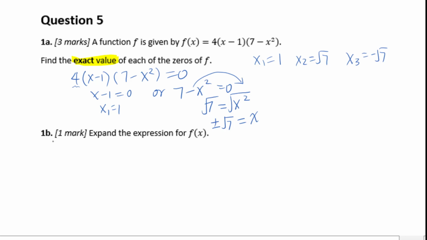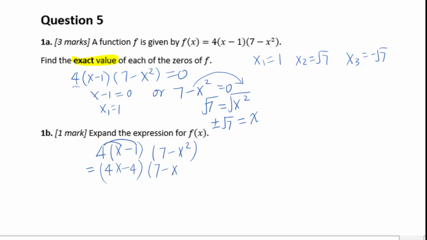1b, expand the expression for f of x. We have 4 times (x minus 1), then times (7 minus x squared). We will do distributive property first. This 4 multiplied by (x minus 1), 4x minus 4.